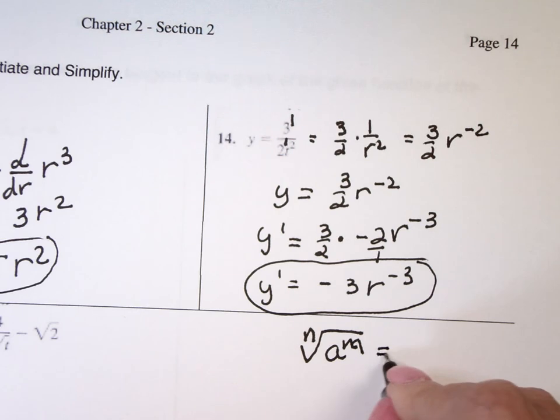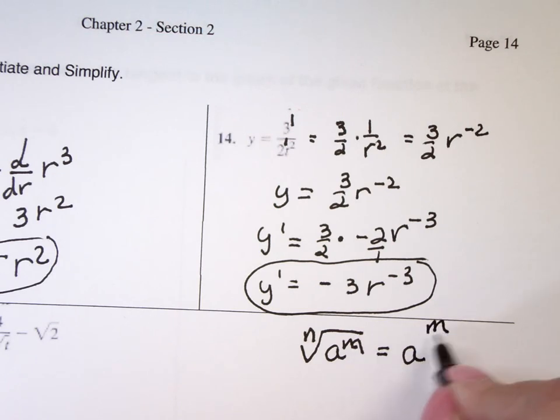If I want to rewrite him without the radical, it's a to the power on the radicand is the numerator, the power on the index is the denominator. It's a to the m divided by n. It's a fractional exponent. So what goes in the denominator is the index on the radical. What goes in the numerator is the power on the variable.